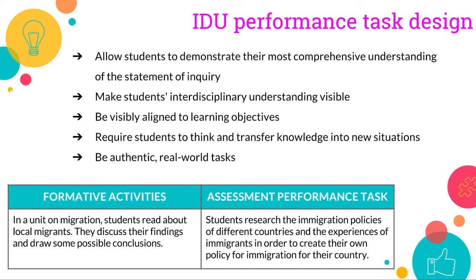So think of a task that is completely oriented to the statement of inquiry. It also has to allow students to make their interdisciplinary understanding visible. It needs to be clearly aligned to the four learning objectives. It needs to require students to think and to transfer knowledge into new situations.